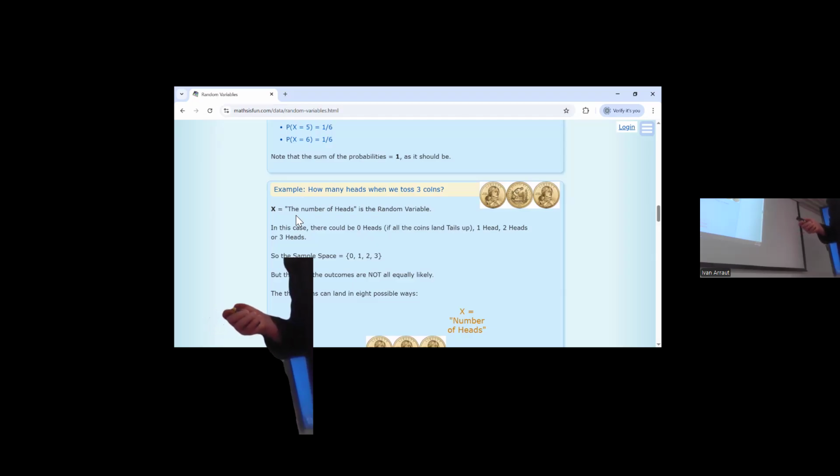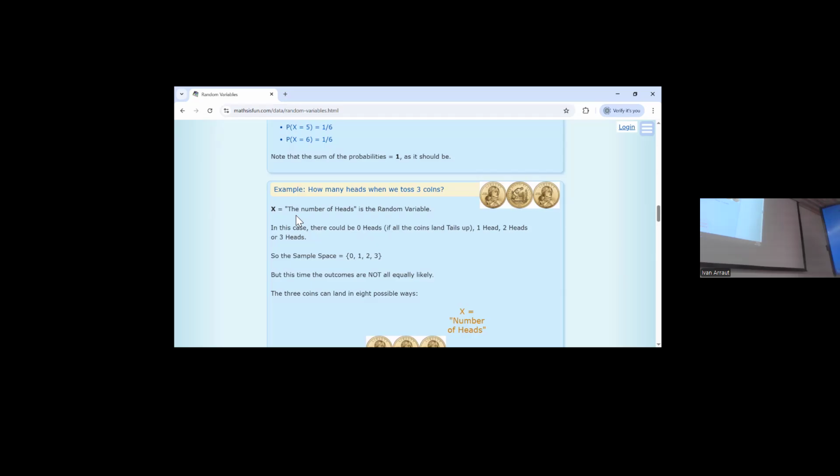And if it's 2, of course, it's head, head, tail, or head in the first and the third, and so on. So you have to distribute all the possibilities. And if it's 3 heads, there is no other choice. There is only one event giving 3 heads: head, head, head. So the number of events for each number will be proportional to the probability.